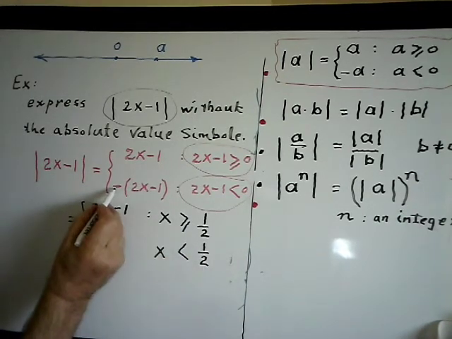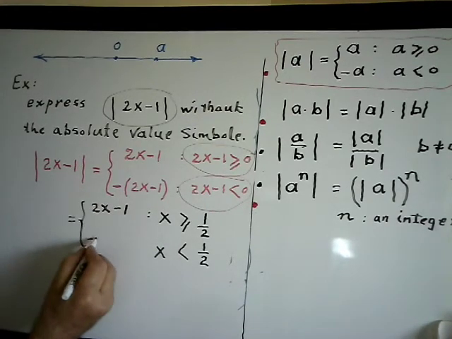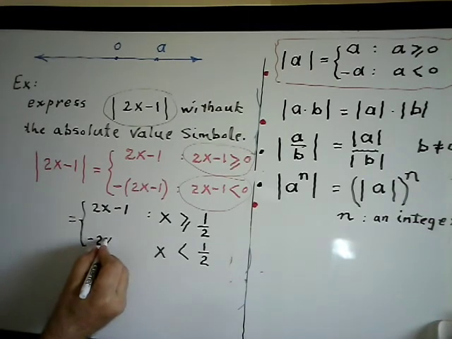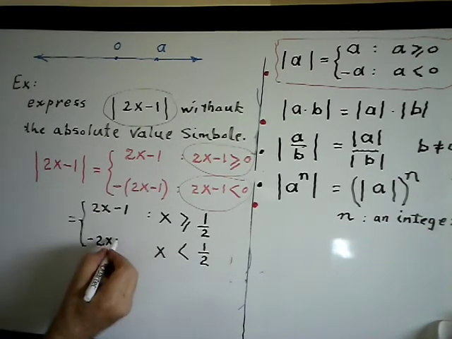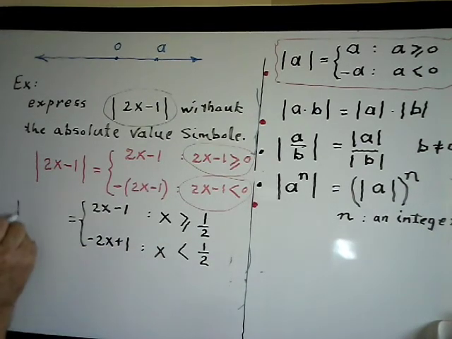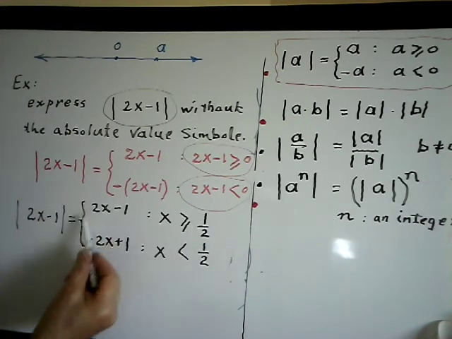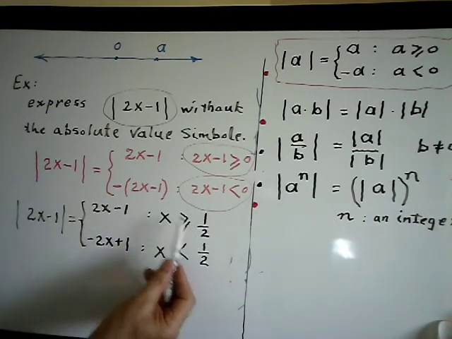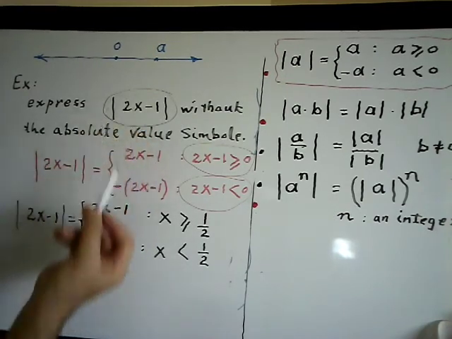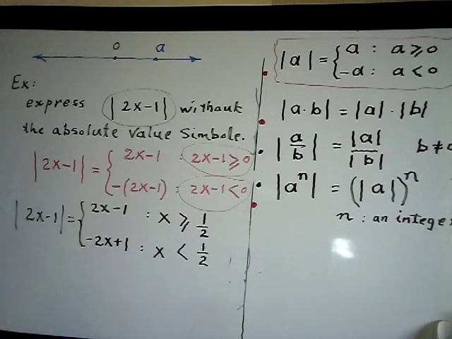And this, it will be negative by 2x, negative 2x, and negative by negative will be plus 1. So this is the expression for the absolute value of 2x minus 1 without using the absolute value. That's the meaning of the question and how to solve it.